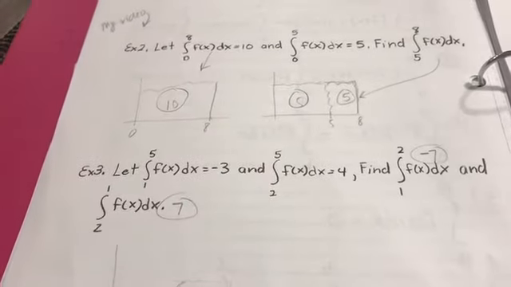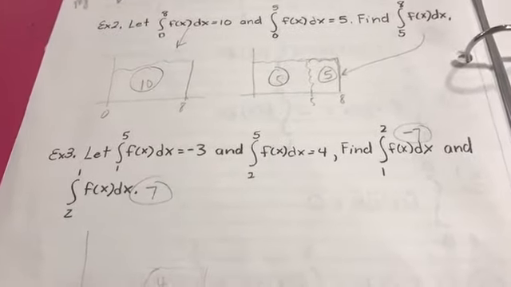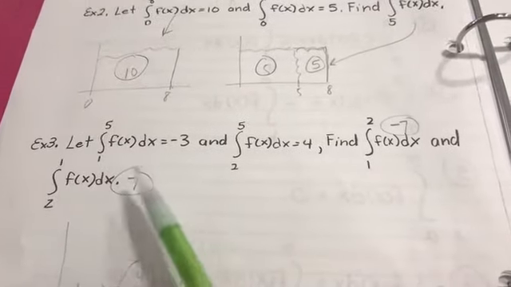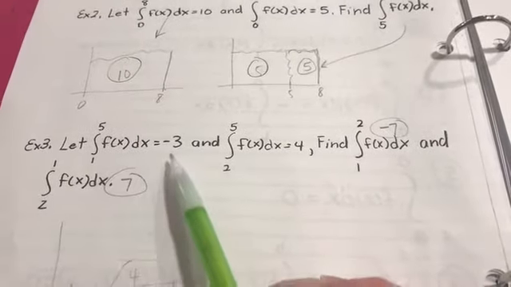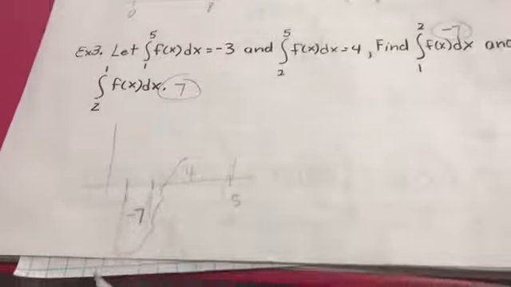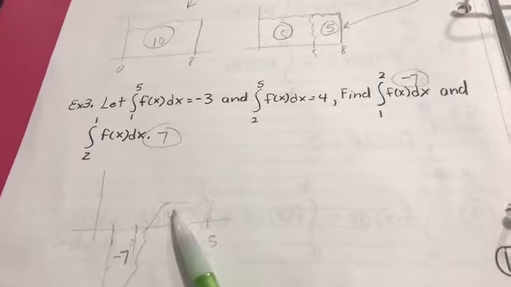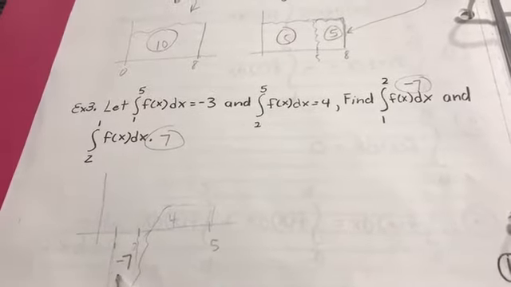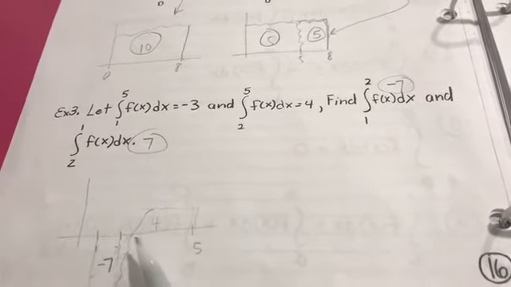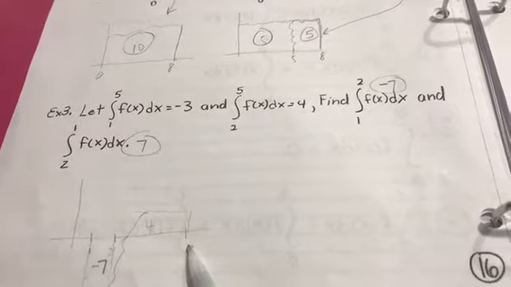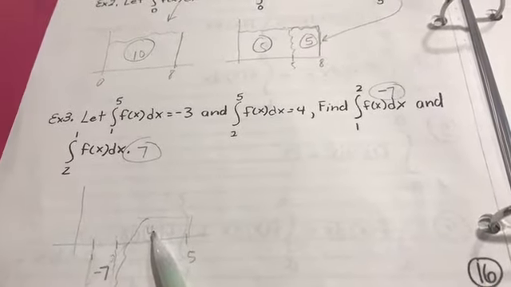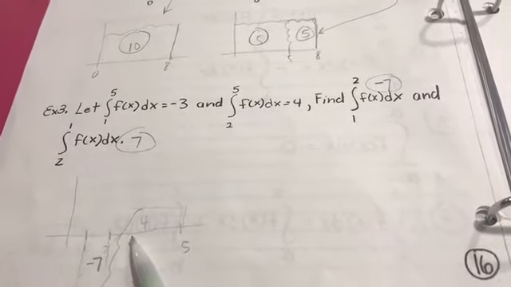Okay, this one, example 3. If we know the integral from 1 to 5 is -3, it's hard for me to know exactly how to draw this, but from 1 to 5, we have more negatives than positives. So we know that's -3. We know from 2 to 5 is positive 4. And we're supposed to find from 1 to 2.